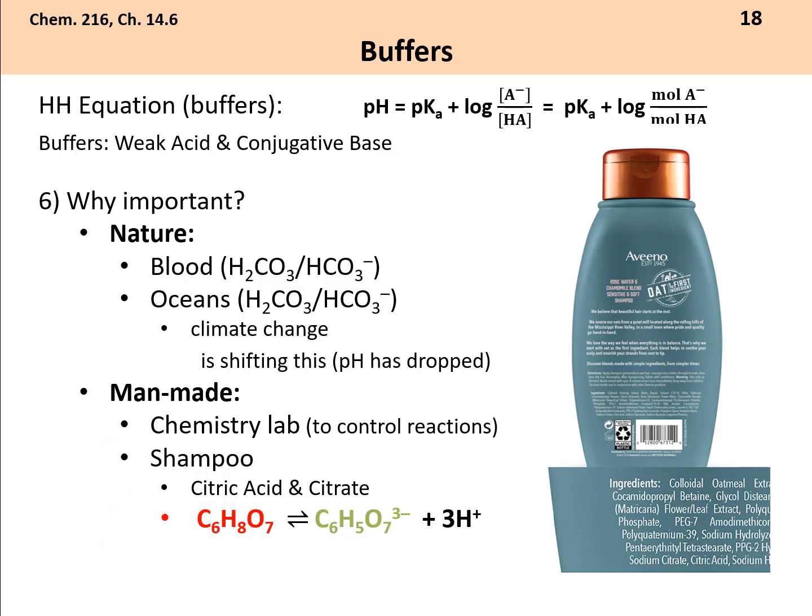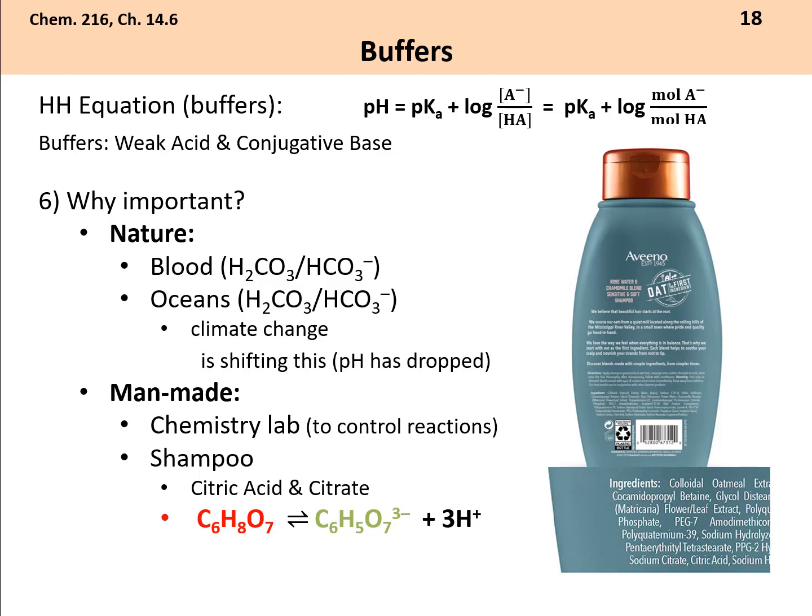Okay. We also use buffers a lot in chemistry. In labs, we do it to control reactions. We want a reaction to occur at a specific pH, so we use a buffer. Every once in a while, you hear shampoos where they say it's pH balanced. For instance, this shampoo, if I look at the ingredients, what do I see?